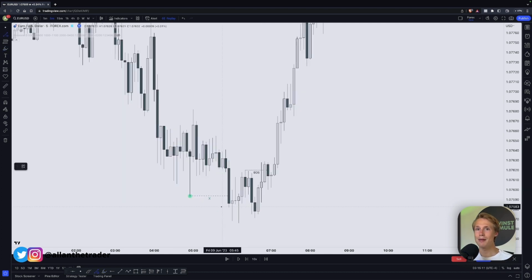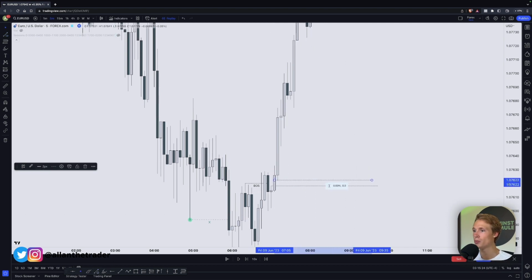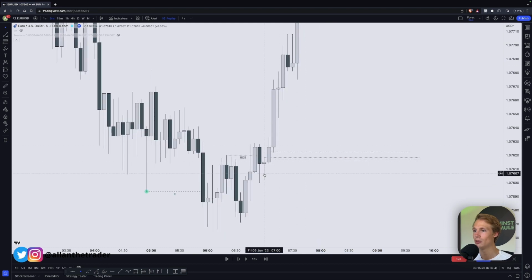So now the next step is looking for a fair value gap. And I see multiple fair value gaps. However, I want to go for the most defensive one. So that's this one. You can see that there is a space between this candle and this candle. So if you pick this as your first bullish candle, you can see this is your second candle and this is your third candle.